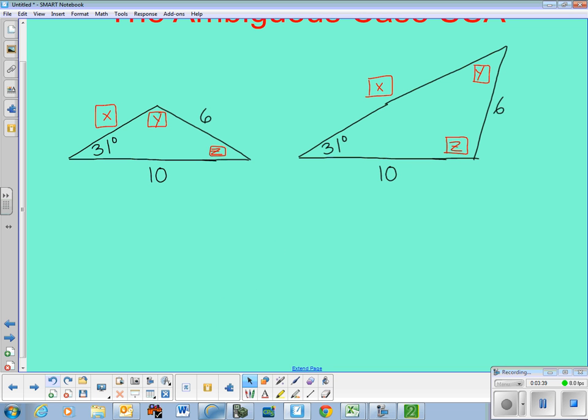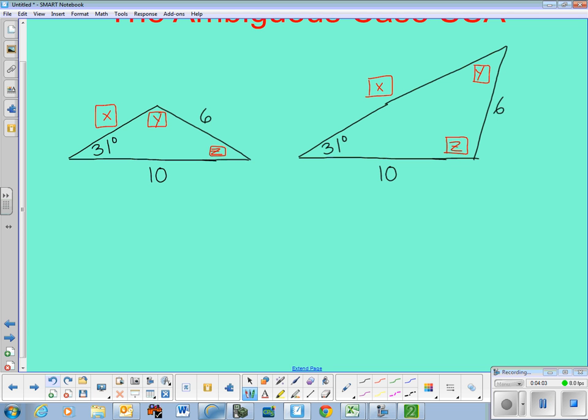Let's work with the example that we have right here. All right, so if I tell you that 31 is the angle and the 6 and the 10. So I've got a 6 and a 10 and a non-included angle of 31. You are going to be safe using the law of cosines. What do I know about this triangle?